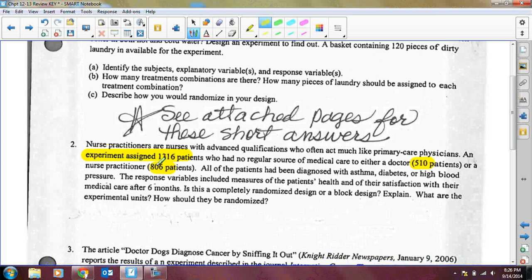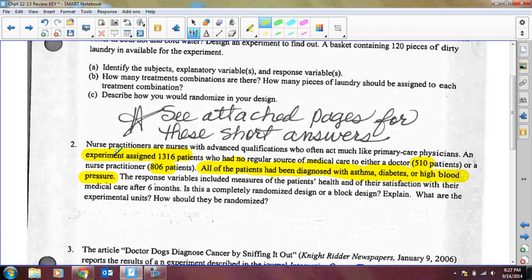Now, it does mention here, and this made it confusing, I'm not able to tell, it does mention that patients had been diagnosed with asthma, diabetes, or high blood pressure, but I really did not have any indication if they had blocked by that first.